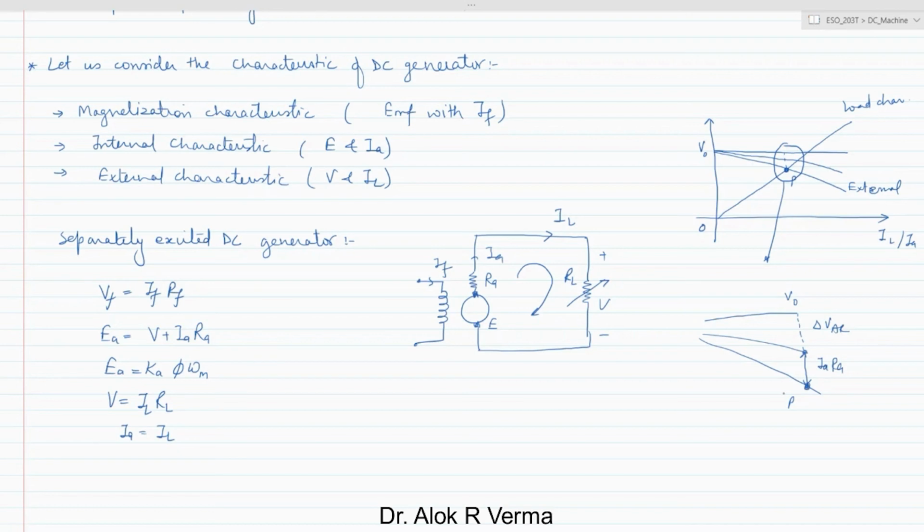This is an operating point, and this voltage is known as V, and this is V0. So this is the characteristic which you can find from this equation. This is the internal characteristic. This is ideal, ideal meaning there is no armature reaction or anything else. So these are the characteristics from the generating point of view.